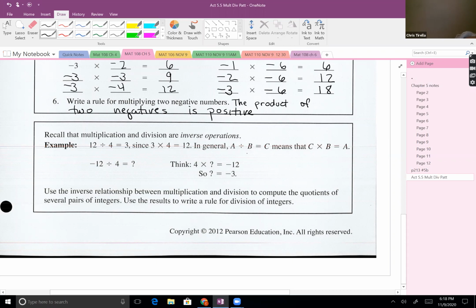In general, A divided by B equals C means that C times B equals A. So what would negative 12 divided by 4 be? Well, negative 12 is equal to 4 times, it would have to be negative 3. And so we'd say that negative 12 divided by 4 is negative 3. And using those fact families, we'll come up with our rules for division. So far, so good.